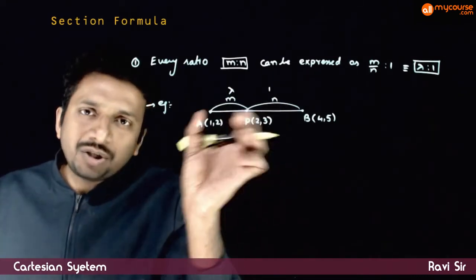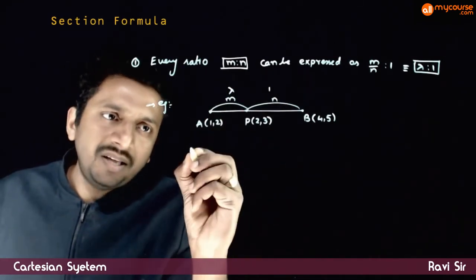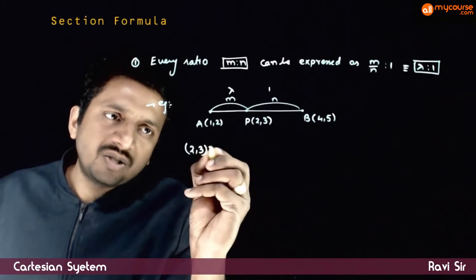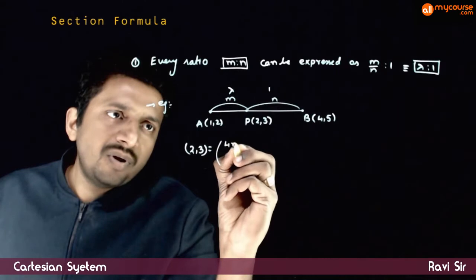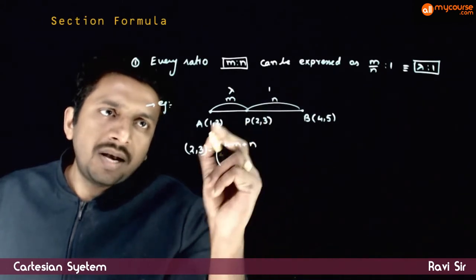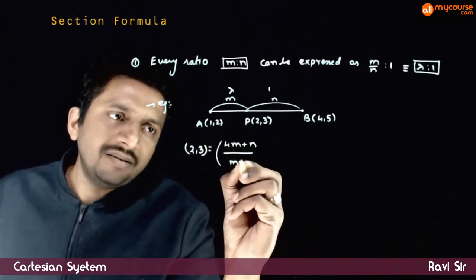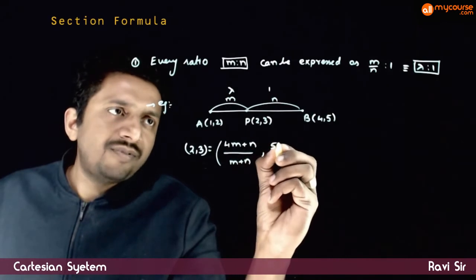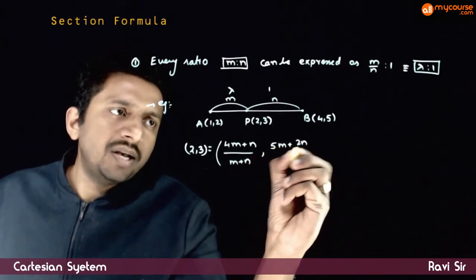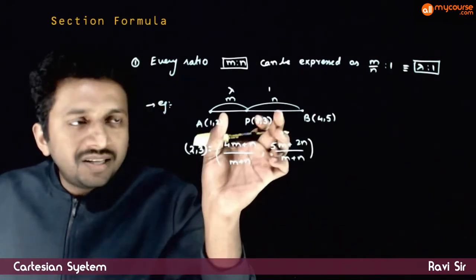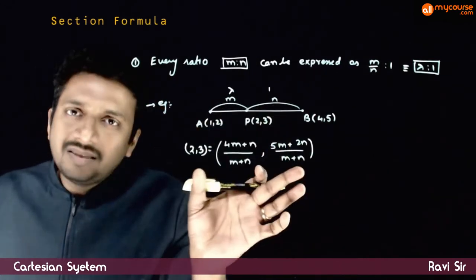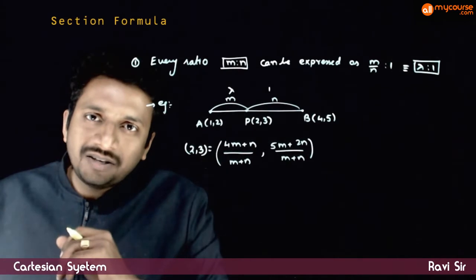So if you assume the ratio to be m by n, the working will be (2, 3) is equal to ((m into 4, that is 4m plus 1 into n) by (m plus n), (5m plus 2n) by (m plus n)). So if you assume that the ratio be m:n, this will be the corresponding condition.